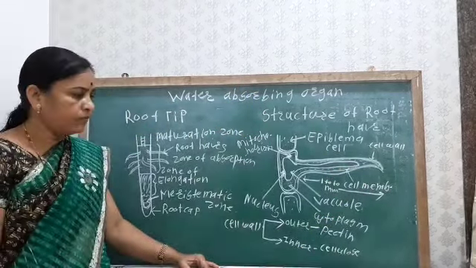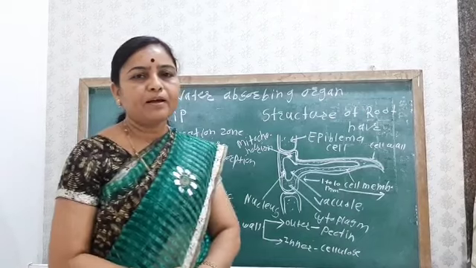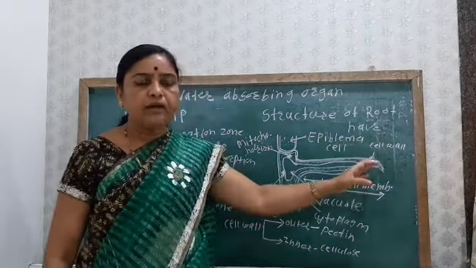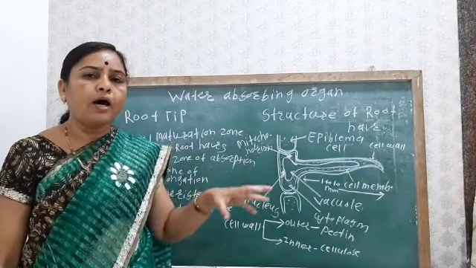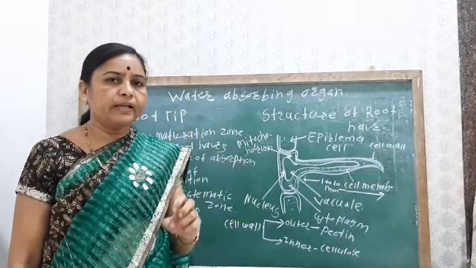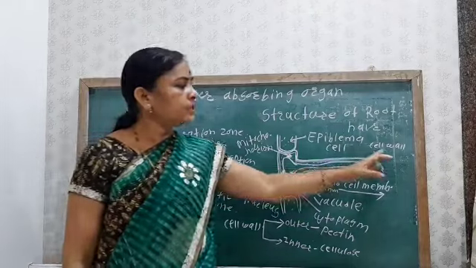So what does permeable and selectively permeable mean? Permeable means that through this wall, it allows all particles, that is solvent, water, and also other particles like minerals. So it is permeable.